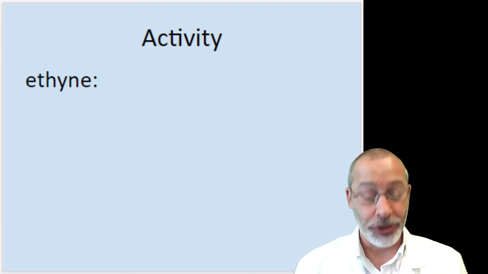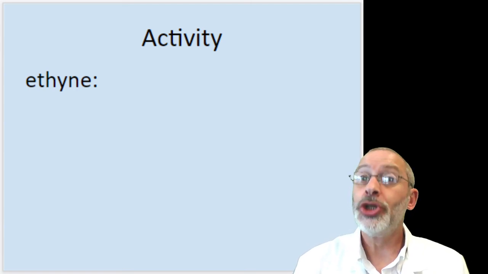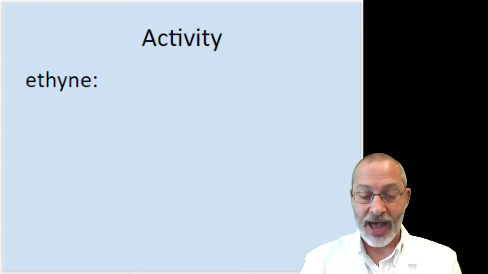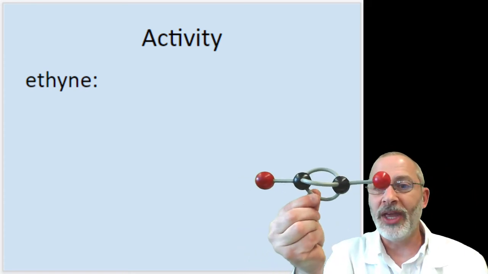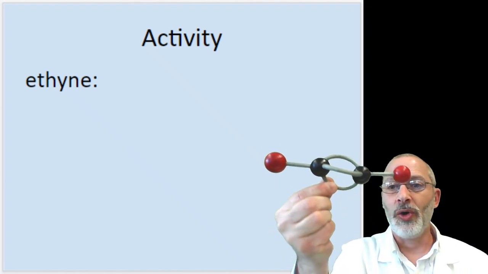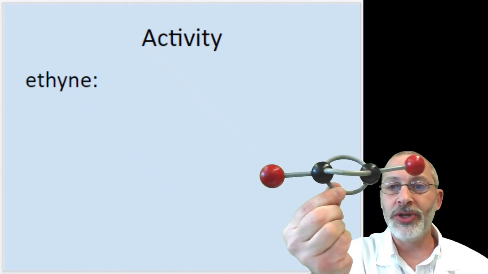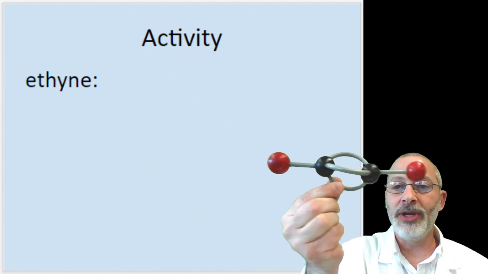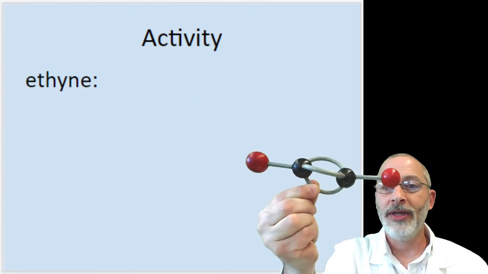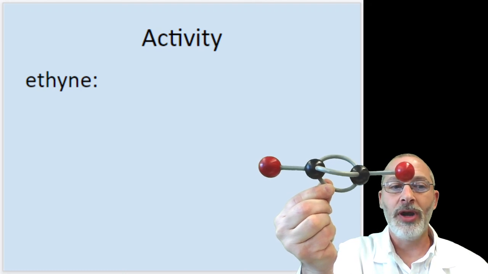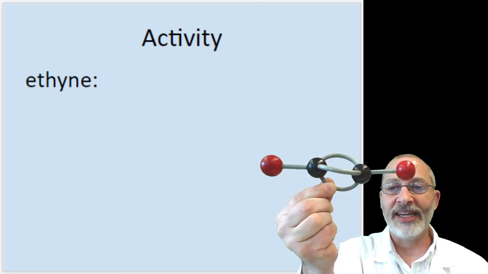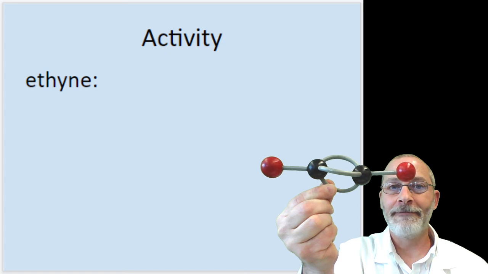What does that refer to? Triple bonds. So I have built a model of ethine for you, and here it is. I'll hold it for the camera for you to see, and I would like you now to draw the structural and molecular formulas for ethine.